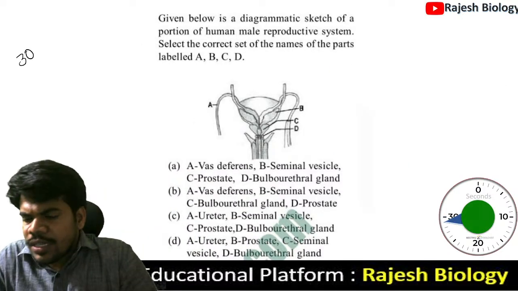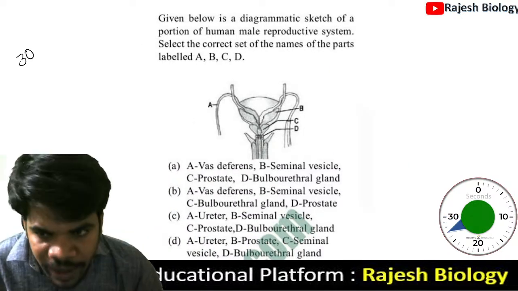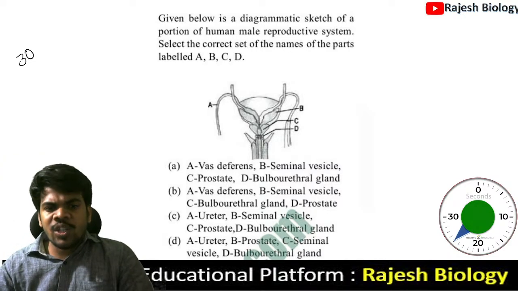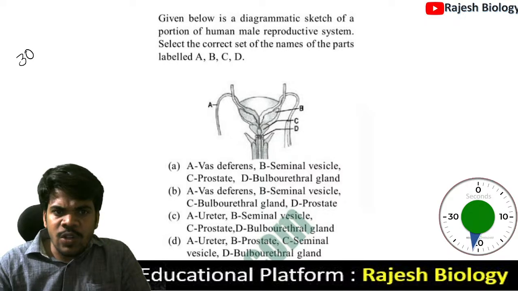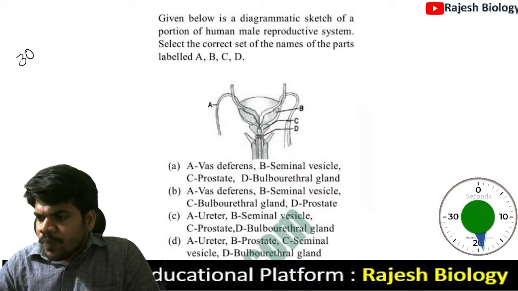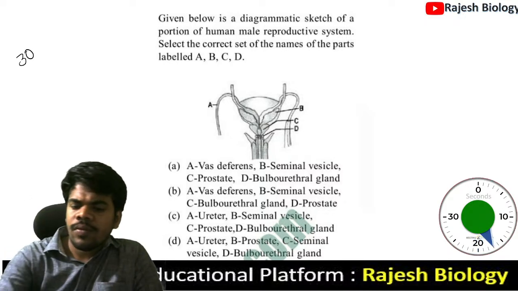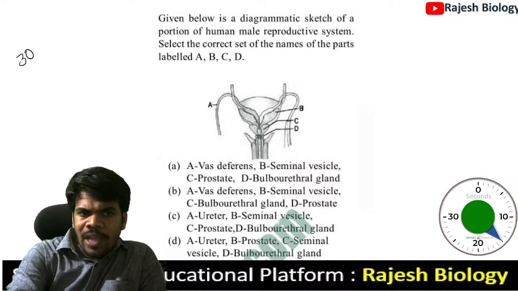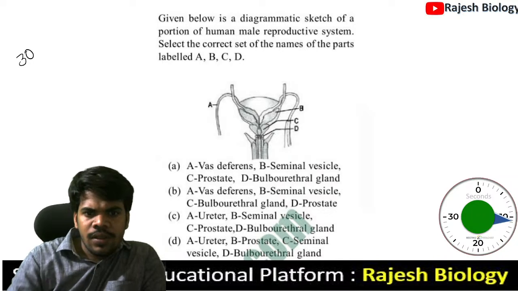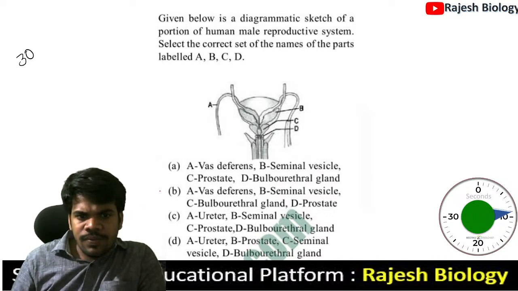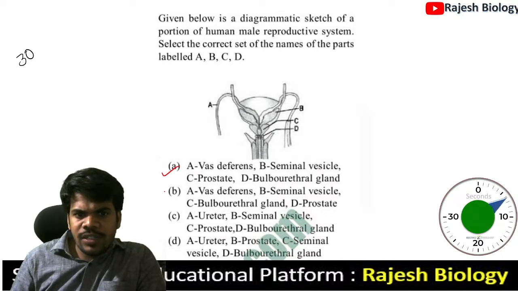Last but not least, the most important diagram from the NCERT textbook. For this also I will give the clue. Try to match that and find the right answer. A, vast difference. Right.